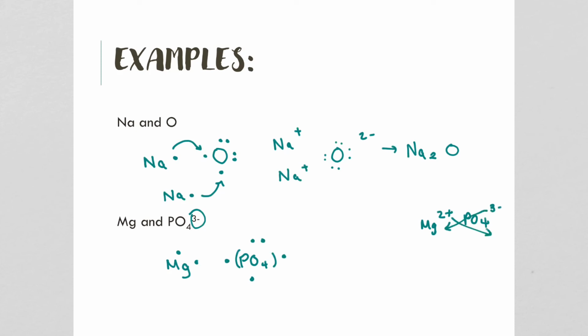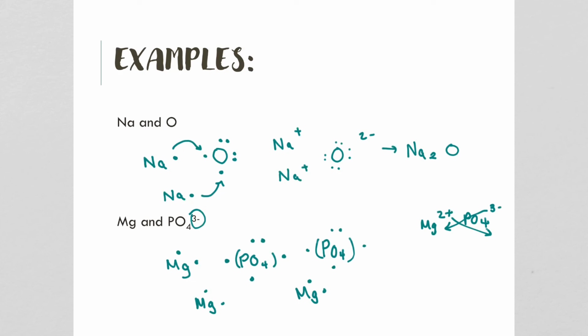We need 3 magnesiums to balance out the 2 phosphates. So we're going to draw 2 more of these. And we also need another phosphate, which must have an overall 5 valence electrons.